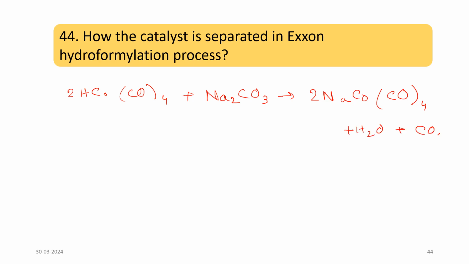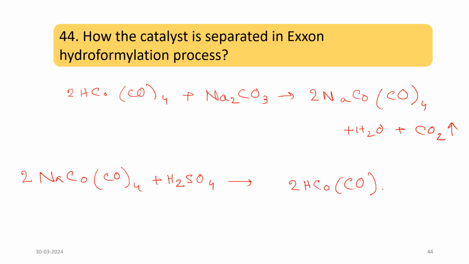This cobalt sodium salt is washed with sulfuric acid. Then it can produce again our desired catalyst, and sodium sulfate will be precipitated. So this is how we can separate the catalyst in the Exxon hydroformylation process.